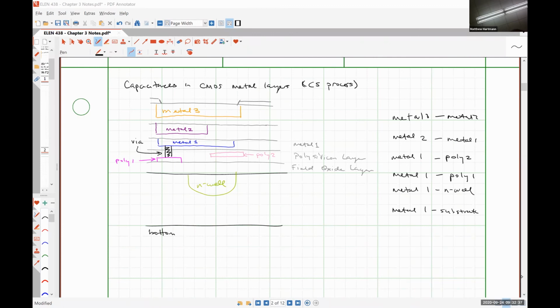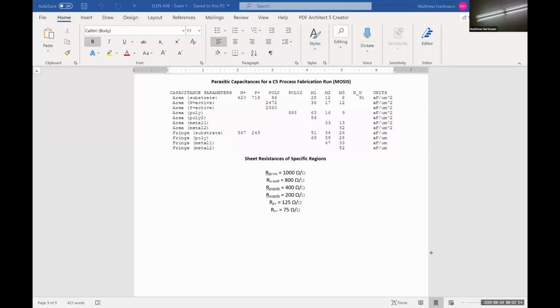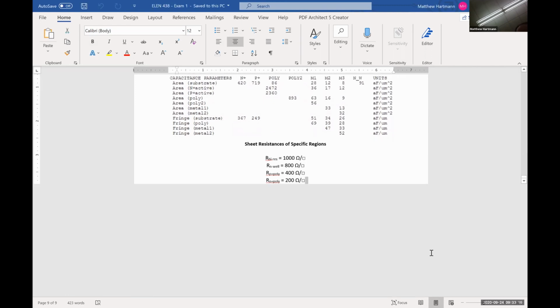All right. So this actually might be a better thing to look at. Let me share this. So as part of last year's test, and I'll do the exact same thing for you guys, I gave a table. And this table is from a CMOS, a C5 process fabrication run. And so you can see that the, that's not what I wanted.